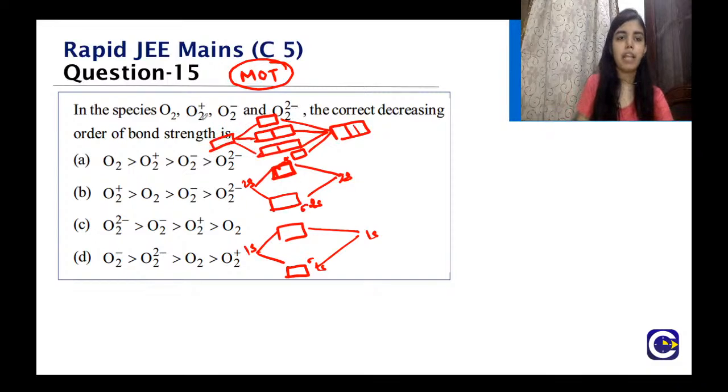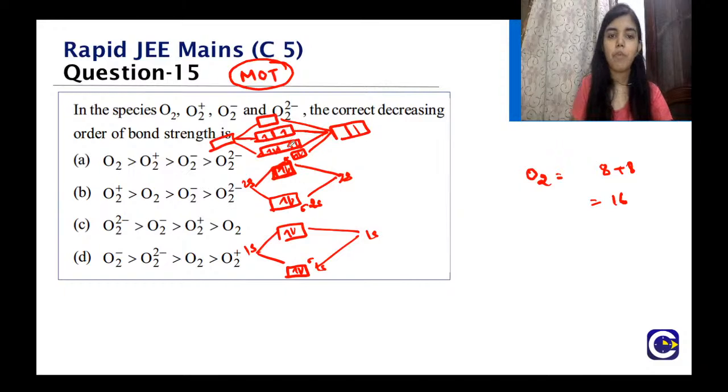Now you can fill up the electrons. So O2, what is the number of electrons? 8 plus 8, that is equal to 16. So it will be 1, 2, 3, 4, 5, 6, 7, 8, 9, 10, 11, 12, 13, 14, 15, 16. So what is the bond order?